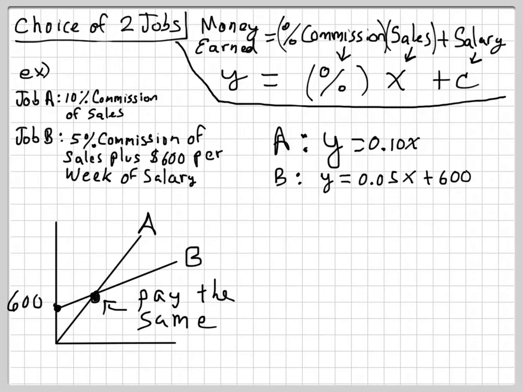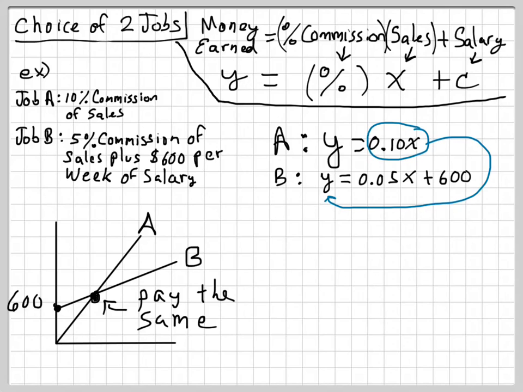So if you notice these two equations, I'm setting both equal to y, and I'm finding the point where they pay the same. So that's why I'm using the same variable y for job A as I am for job B. The money earned would be the same for both.